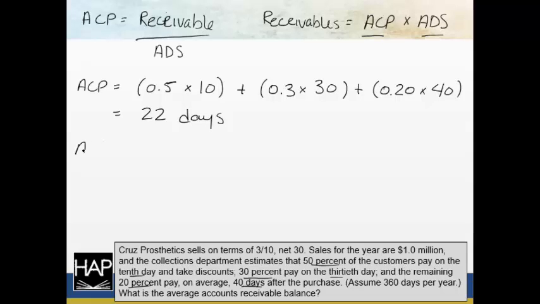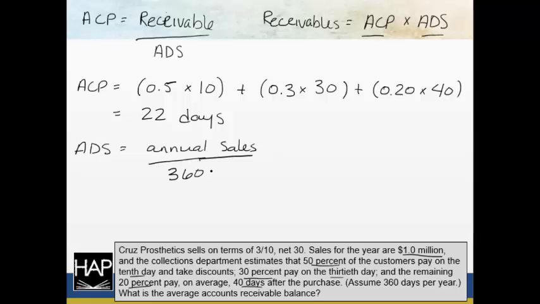In order to calculate the average daily sales, I can look at the annual sales, which is $1 million, over the number of days in a year. So in this, just for simplicity, we're assuming 360 days per year.